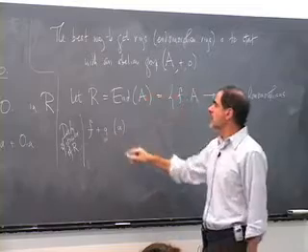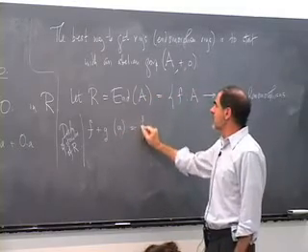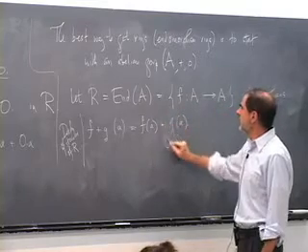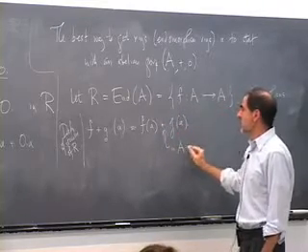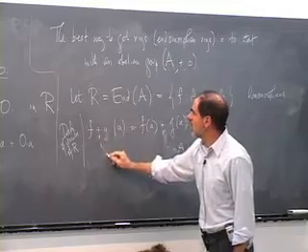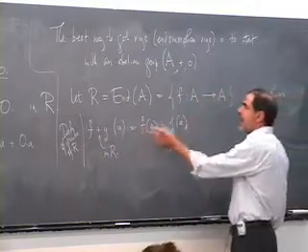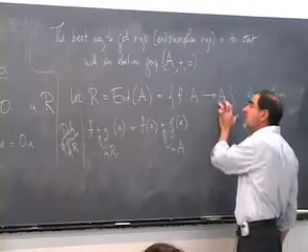F plus G is the homomorphism that takes A to F of A plus G of A. And this is addition in A. And this is addition in R. So you apply F to A and you add it in the abelian group to G of A.